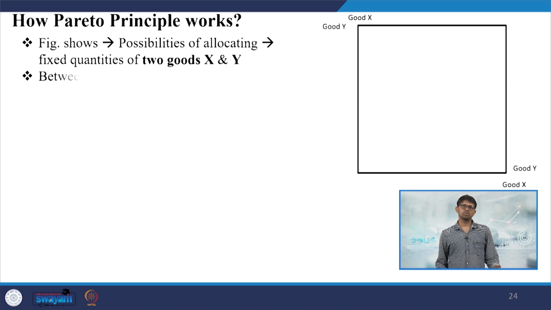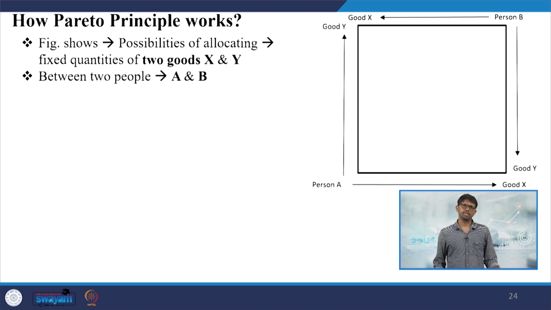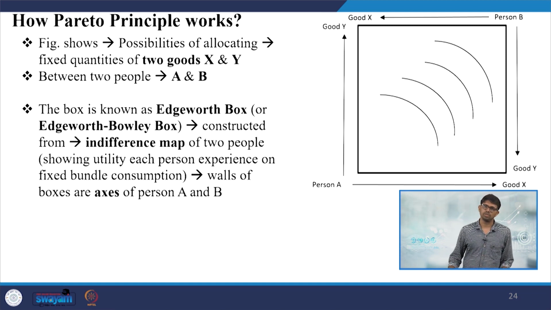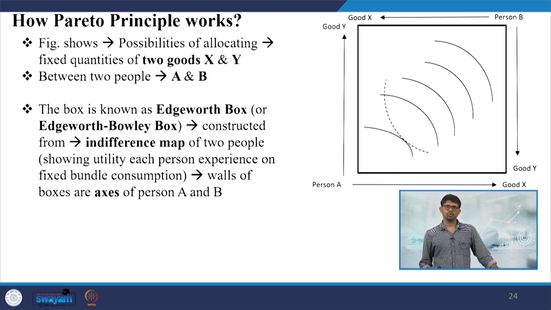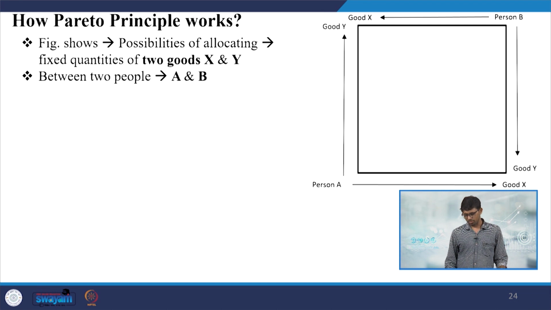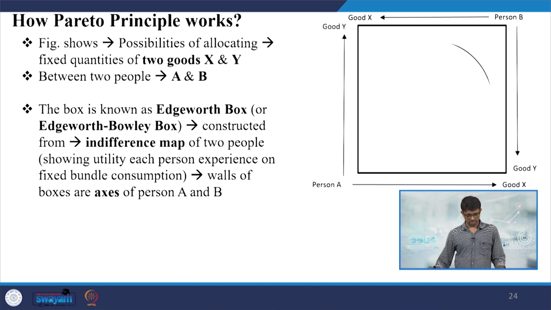Here it shows commodities X and Y, goods X and Y, and in the two extreme corners we have the two people and their choice functions. And if you remember, we used to attach their indifference map. This is for one consumer, and in reverse, the other consumer's indifference curves are mentioned. And once again, if you see this, you will find the clear difference.